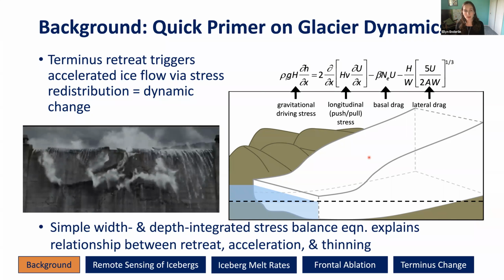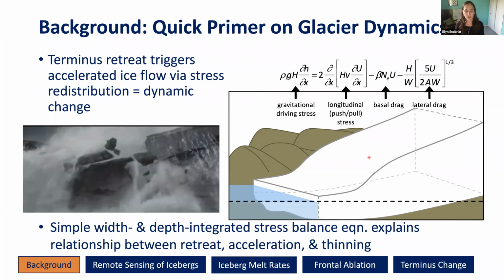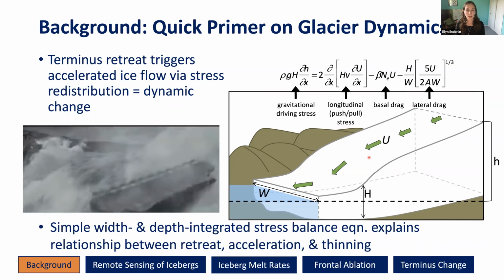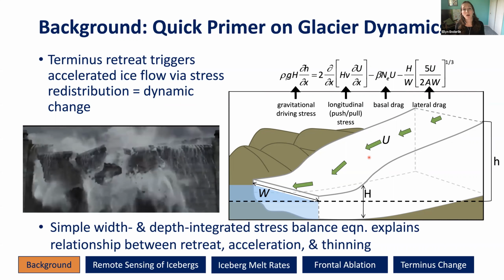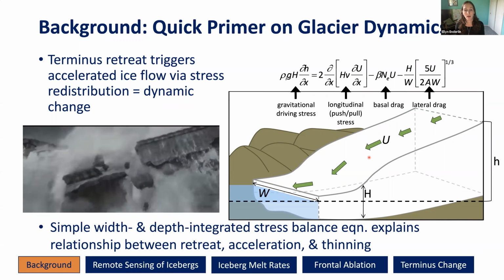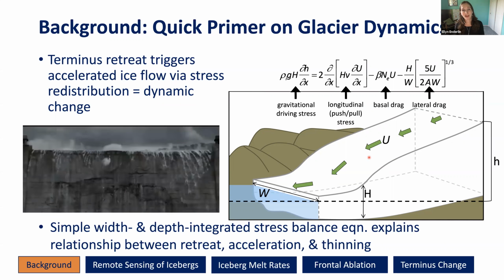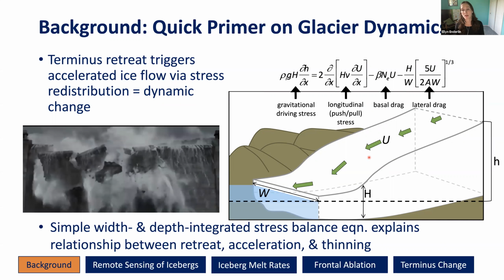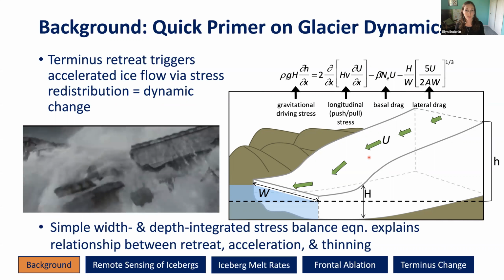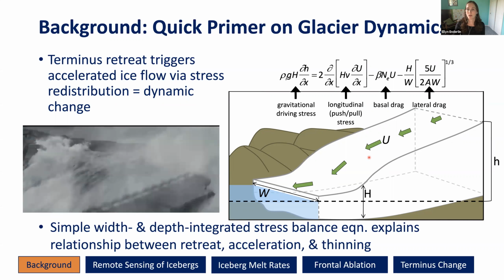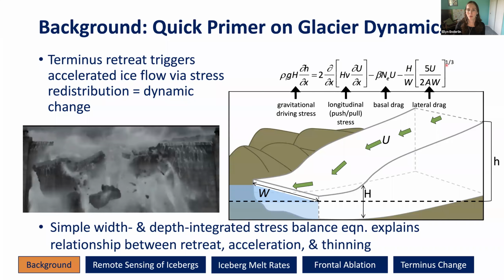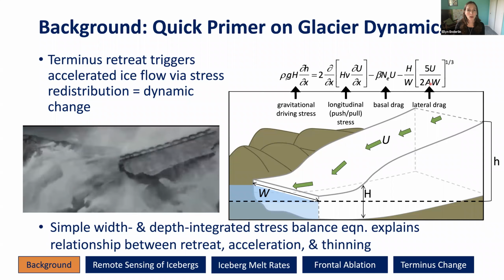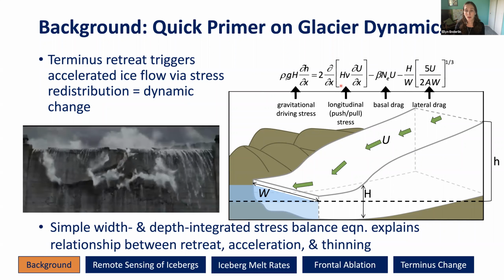So I have my little labels up on here, but I'll walk through each term as well. It's important to see the different factors that are at play in this equation. W is width, big H is thickness, little h is surface elevation, and U is the velocity. So if you look, all of these terms here on the right-hand side are a function of the velocity.